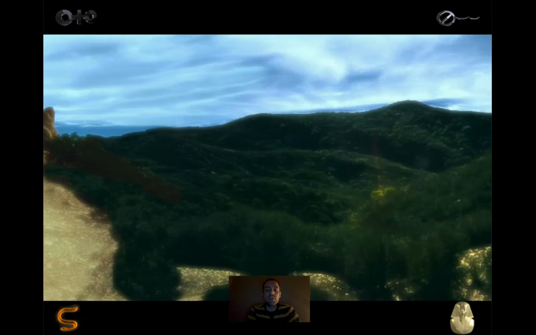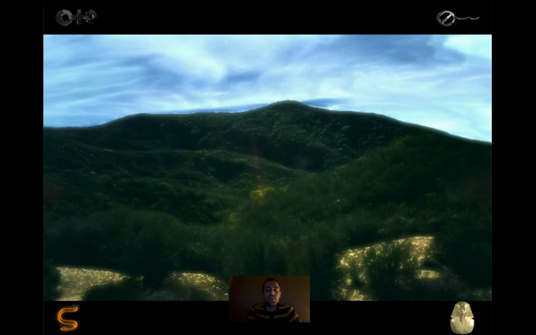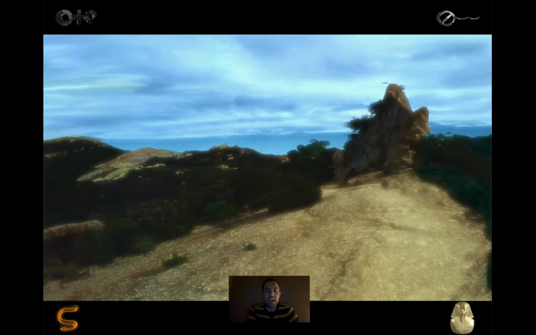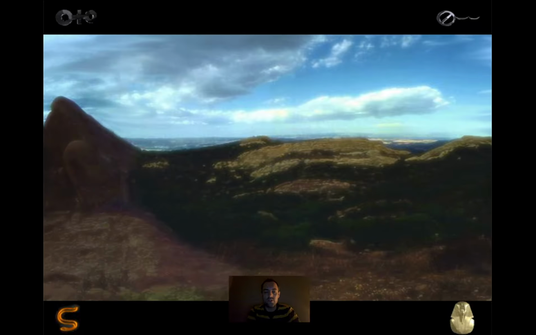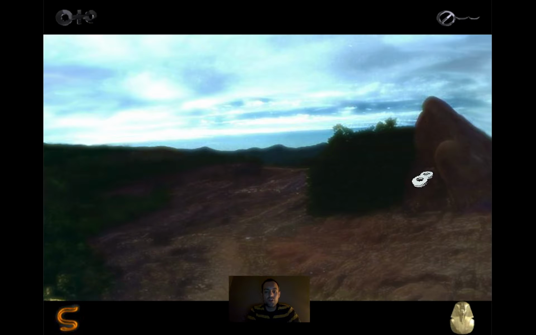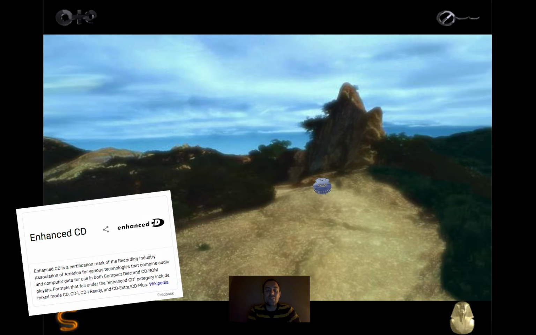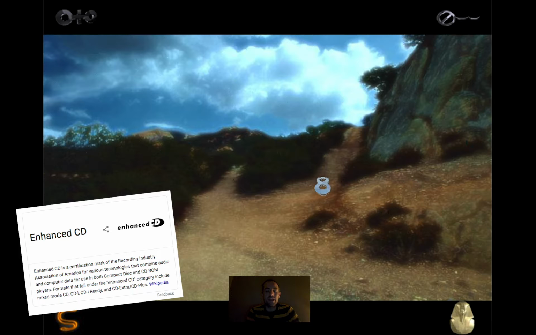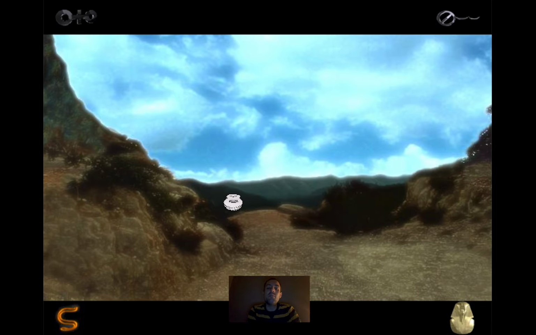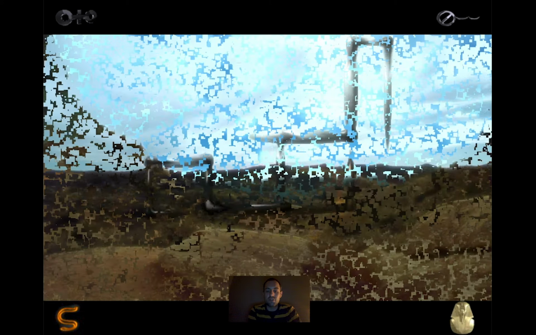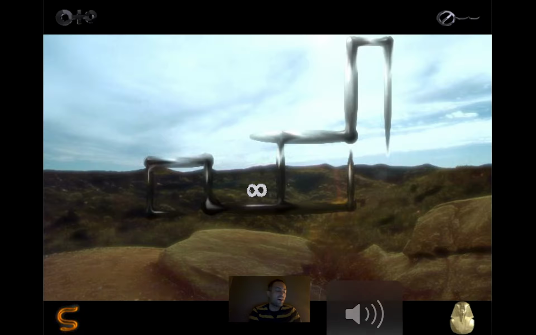The way that I always thought of this game is kind of as the best enhanced CD that never was. Those of you who were around back then probably remember enhanced CDs. Those were like music albums, but they had a data ring on the CD, so you could pop them into your computer and access multimedia content.